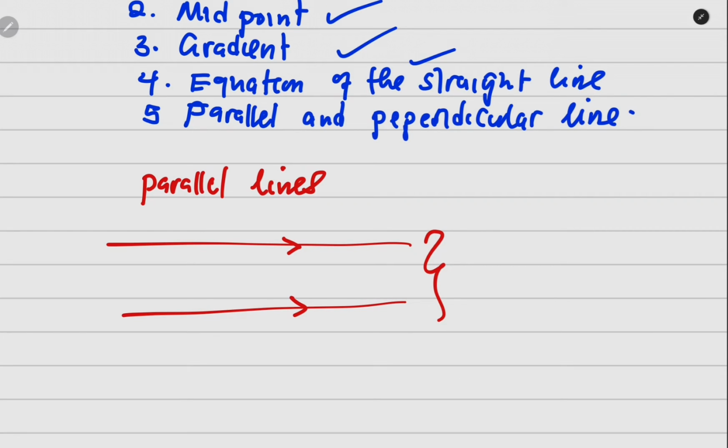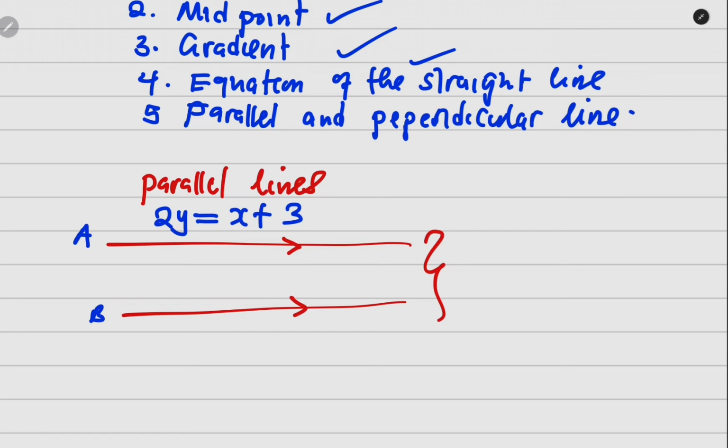Okay, now in this case, let me say this line on top here is line A, this is line B. We are given 2y equal to x plus 3 as the equation of this line. So the equation of A is 2y equal to x plus 3.